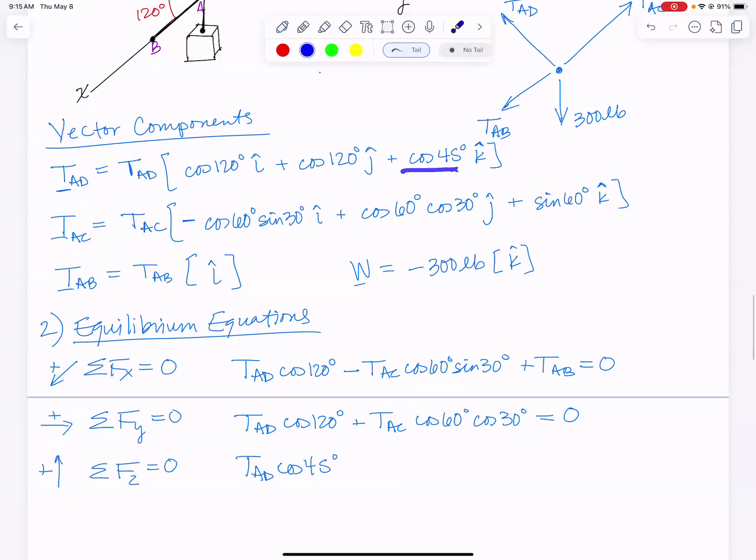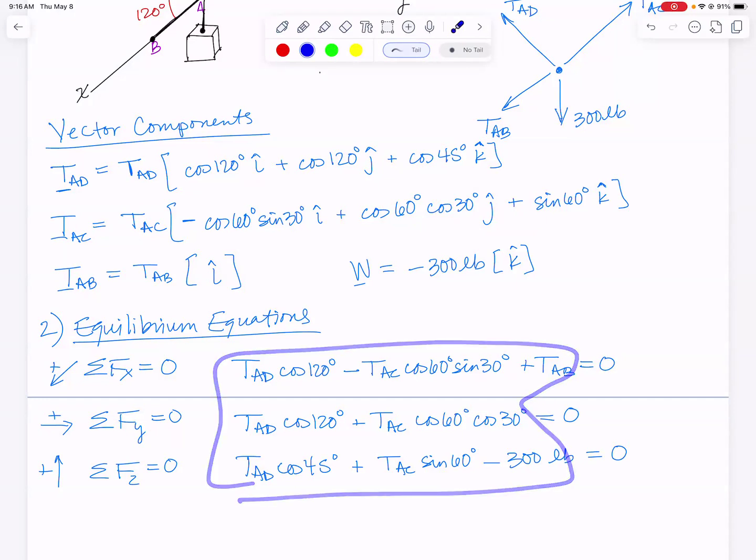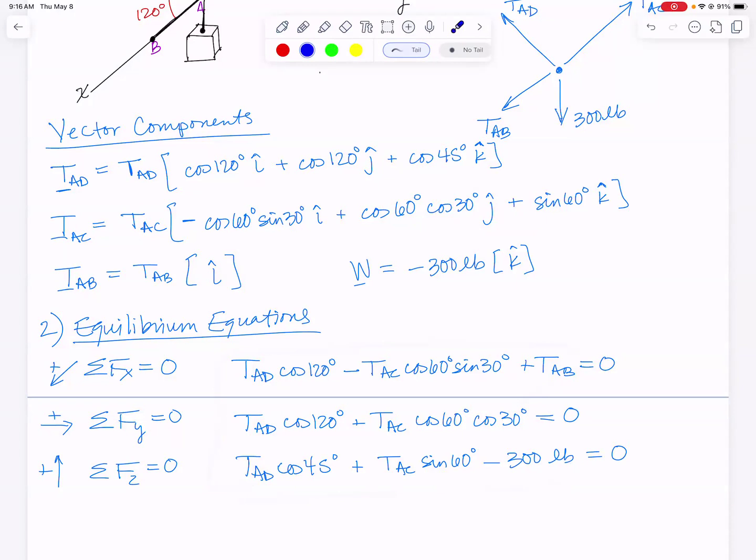So I got a K here, K there, and a K there, plus TAC sine 60 minus 300 pounds equals 0. And I do want you putting everything on the left side of the equation with a 0 on the right side. I know this last equation, a lot of students would just want to say equals 300. It would get you the right answer if you do it right, but I have seen so many students drop a sign doing that. So put everything on the left with 0 on the right. This is three equations with exactly three unknowns.